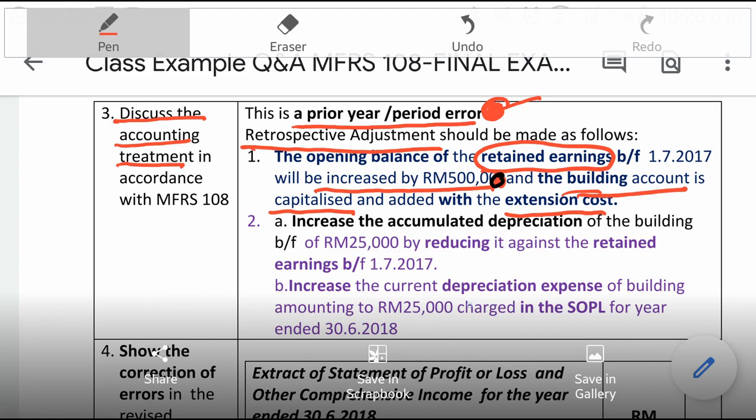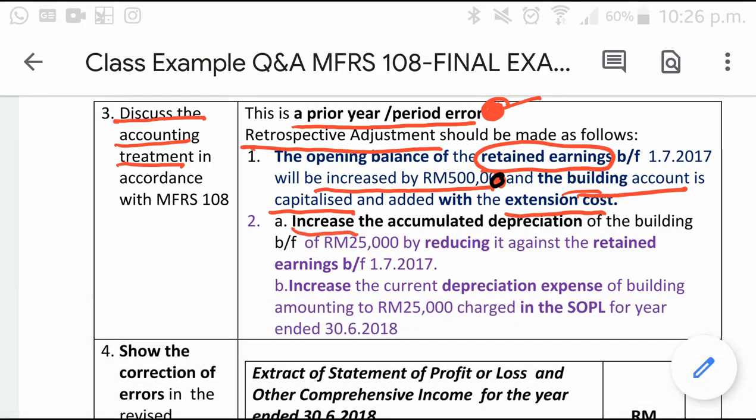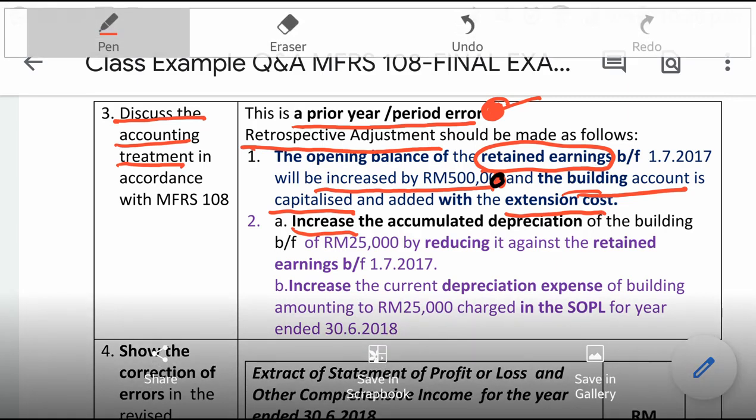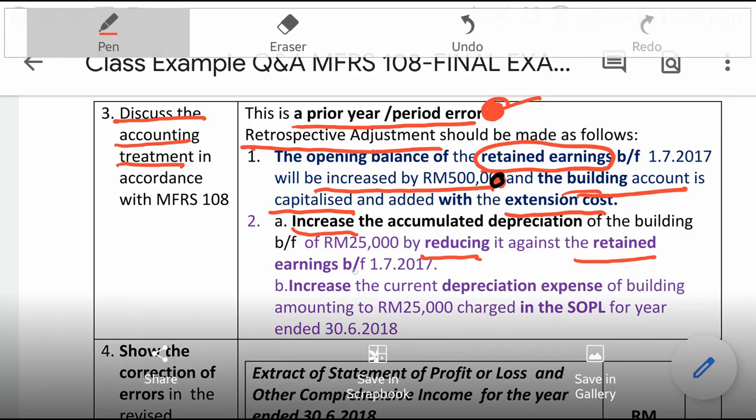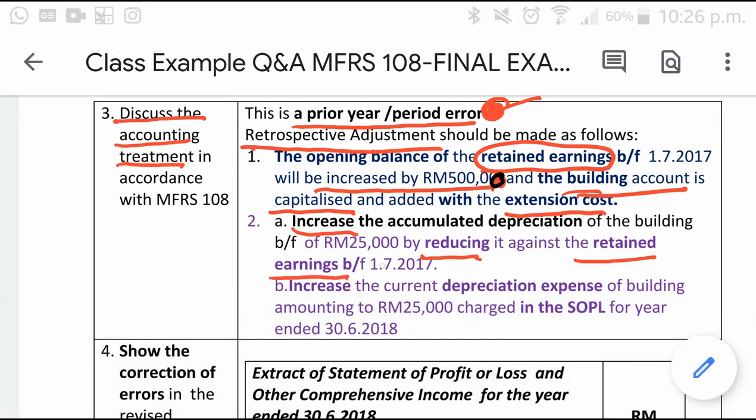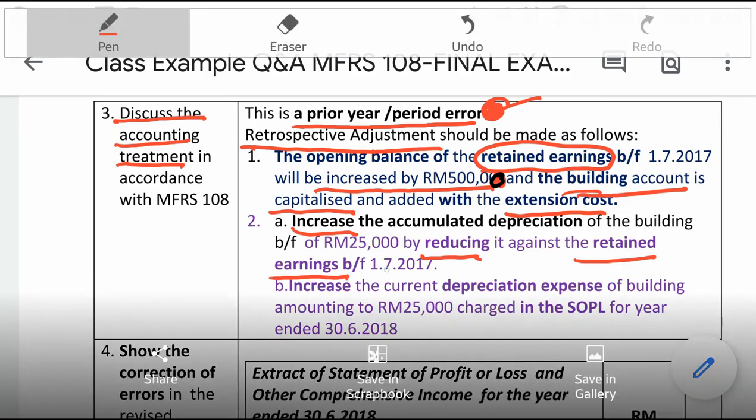Then talk about what happened to the depreciation. So you go and increase the depreciation. How? Through the second journal entry that you did earlier: increase the accumulated depreciation by reducing the retained earnings. Remember, what we did just now was to debit retained profit brought forward, or retained earnings. So when you do this, you increase the depreciation.